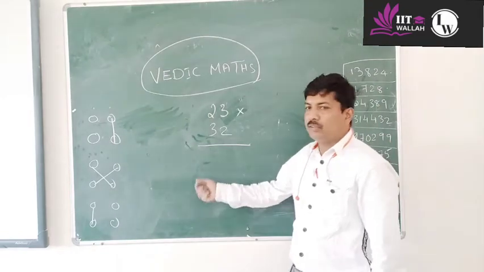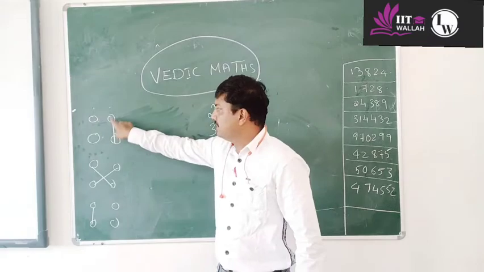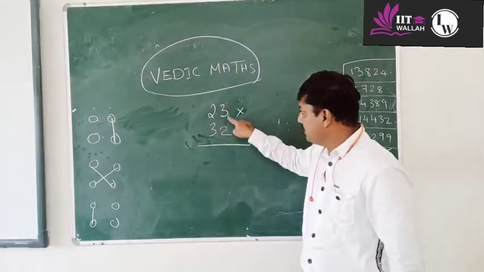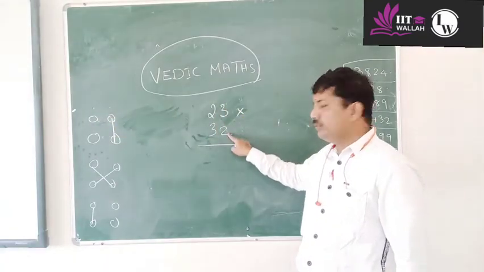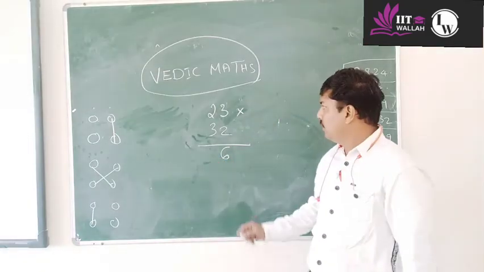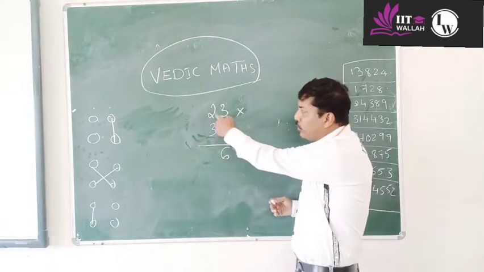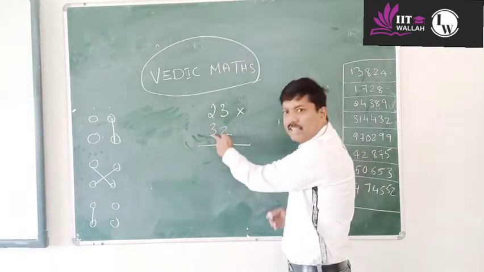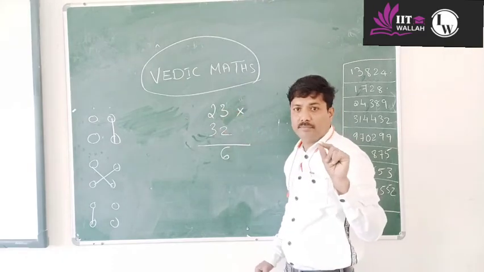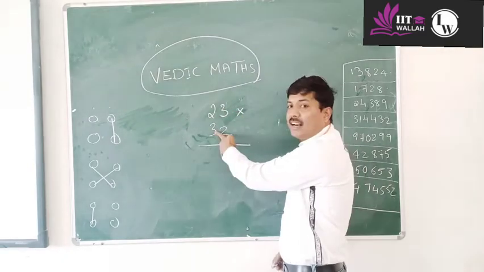Okay? Now you see, the first step from the picture: multiply this and this. 3 2s are 6. And second step, cross multiply. Means you need to multiply this and this and this and this and add the result. You understood? Okay, so 2 2s are 4, 3 3s are 9.